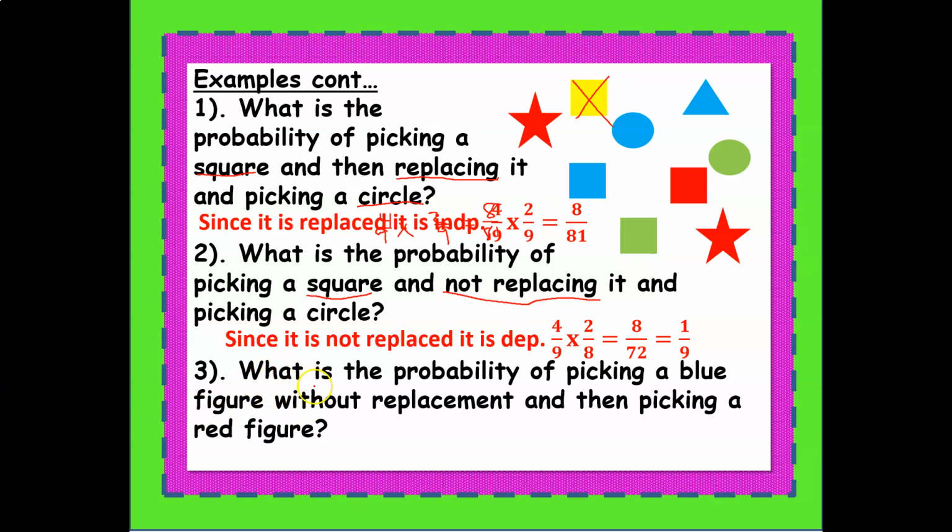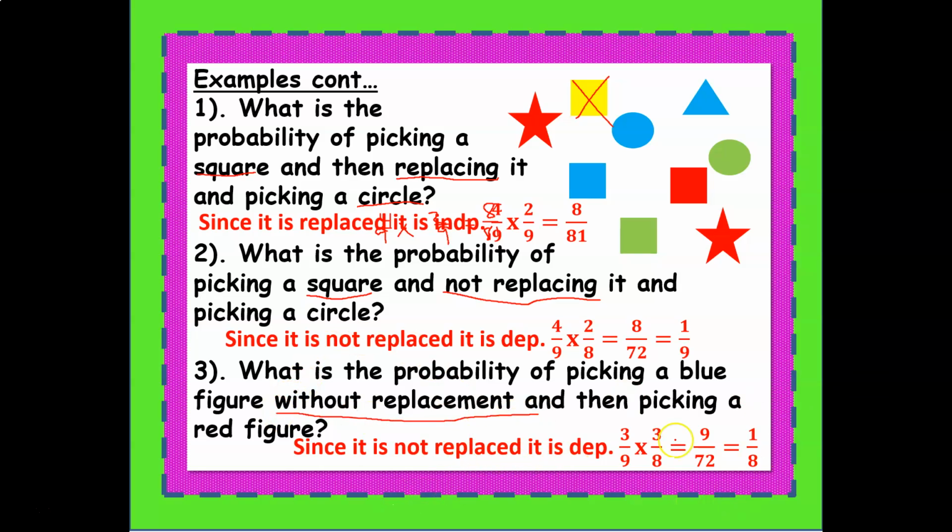Then number 3, what is the probability of picking a blue figure without replacement and then picking a red figure? Is this going to be independent or dependent? It's going to be dependent again because we are not replacing.